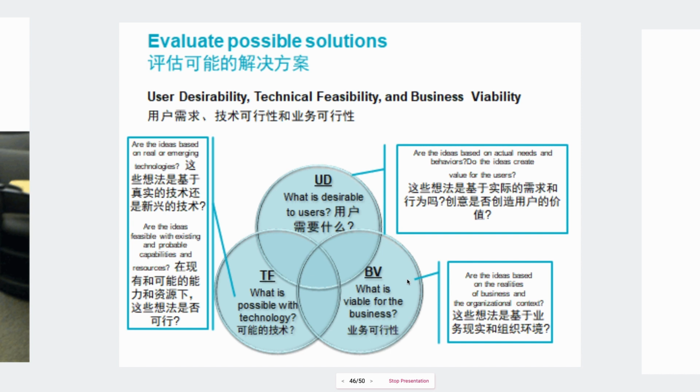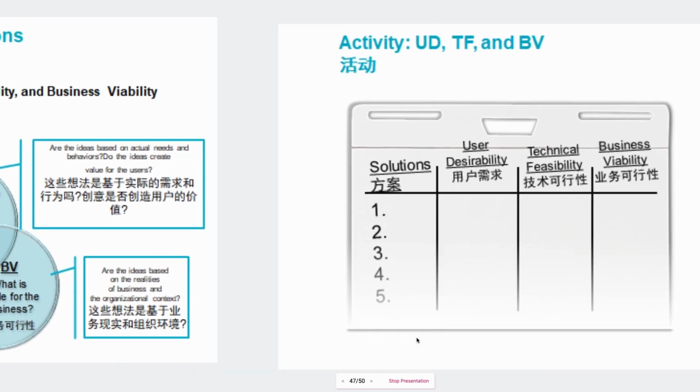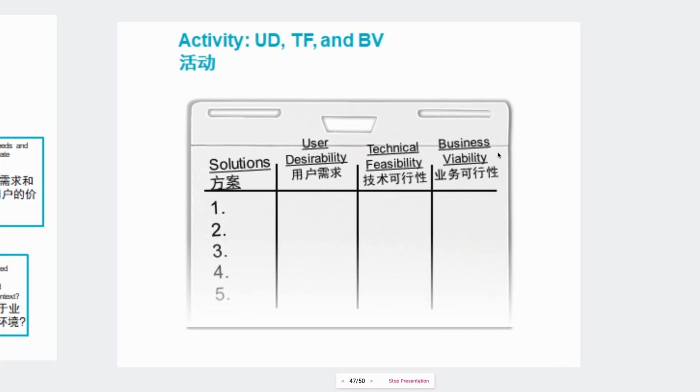The B is business viability. Here you can see business viability, okay? The U is user desirability. Desirability is what our user desires. And the T is technical feasibility. Okay, so here is the BUT tool.